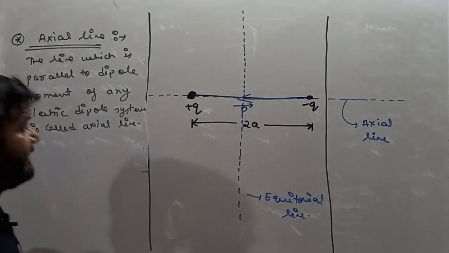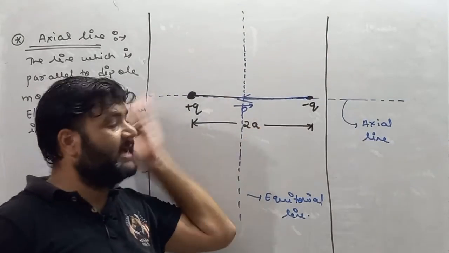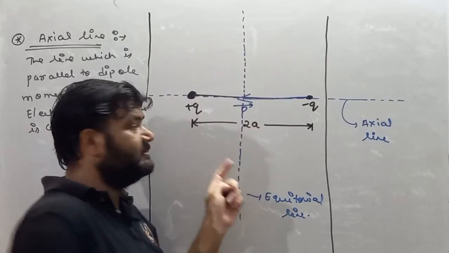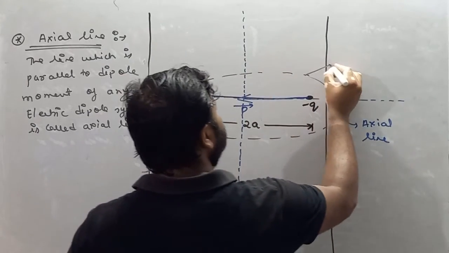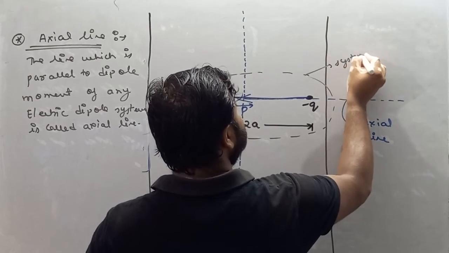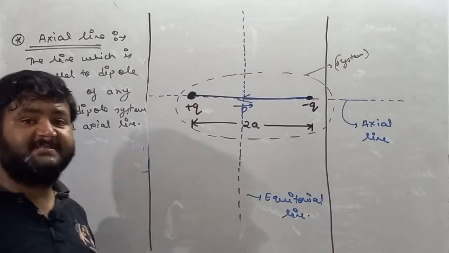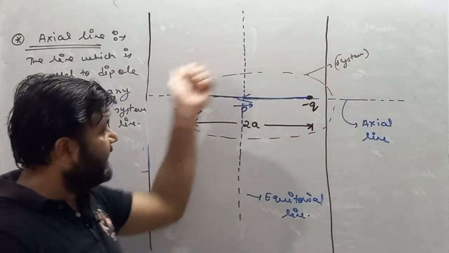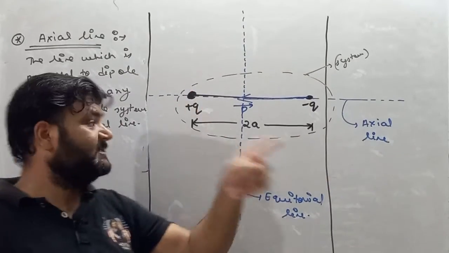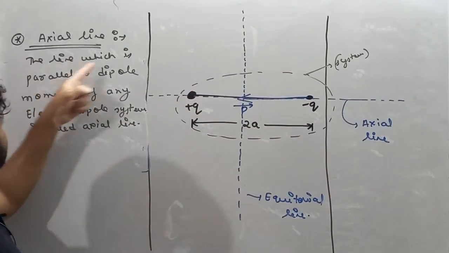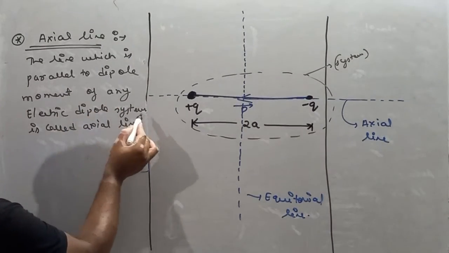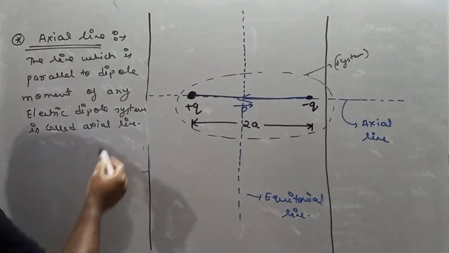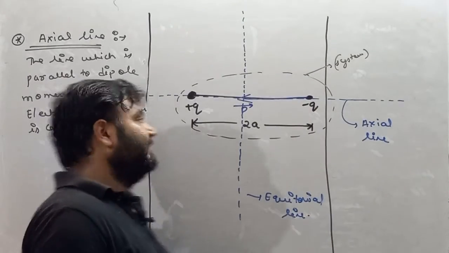Very easy to understand. See, plus q and minus q make a dipole system. Remember, this is a system. More than one charge is considered to be a system, and for a dipole we have two charges. So the line which is parallel to the dipole moment of any electric dipole system is called the axial line.